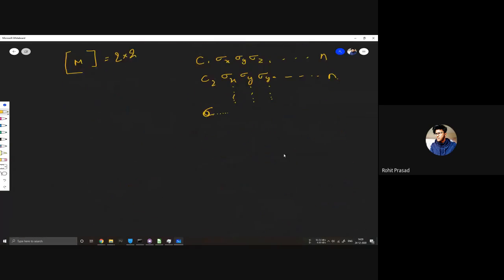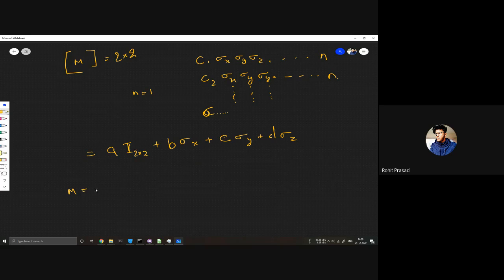Okay, so if we have a 2 cross 2 matrix M, then for a 2 cross 2 matrix we can say that n is equal to 1. So it can be decomposed in A identity 2 cross 2 plus B sigma x plus C sigma y plus D sigma z.